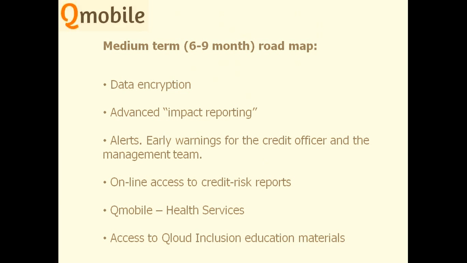And we will make a big effort to offer a clinical history through QMobile, so you will be able to record a clinical history of the whole family in order to move it into the cloud and help with healthcare services. Finally, we will give full access to the Cloud Inclusion education materials. So that is where we are now and where we are heading during this year, 2014.